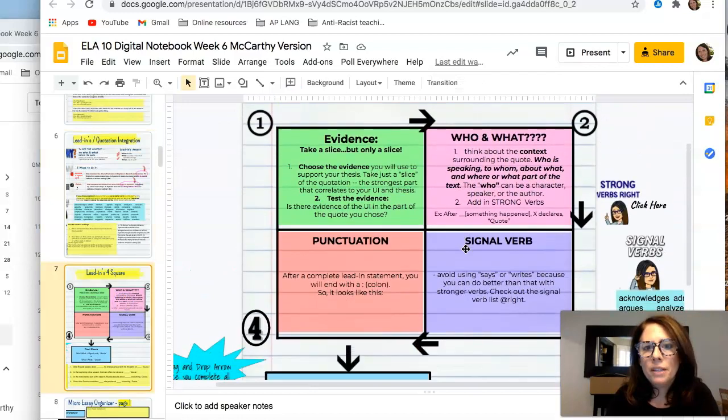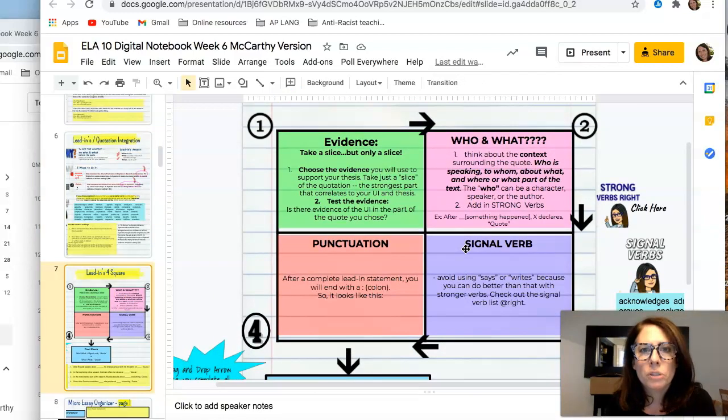Page 7 is a great place for you to go to begin thinking about how do I write a lead-in, right? Never done it before. This is a little confusing or a lot confusing. Go to page 7. Page 7 will take you from box to box to box to box where you want to go. You start with your evidence. You guys have that, right?